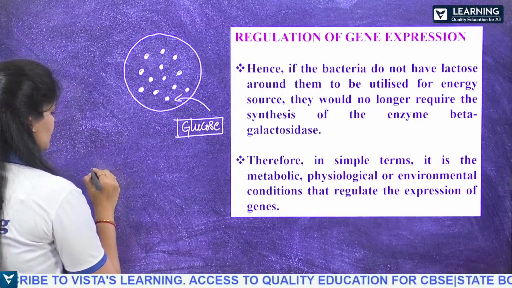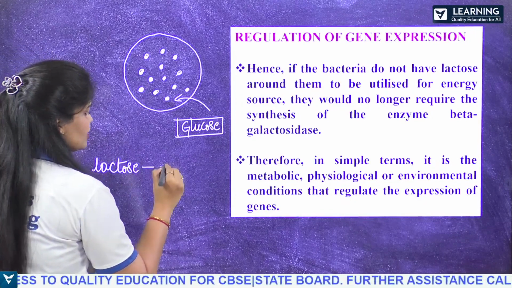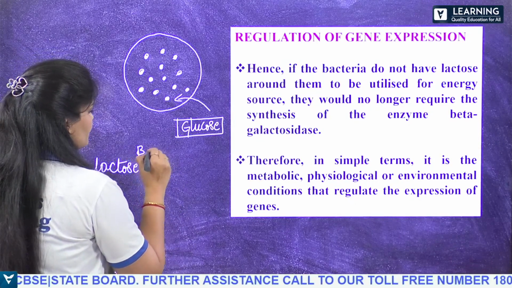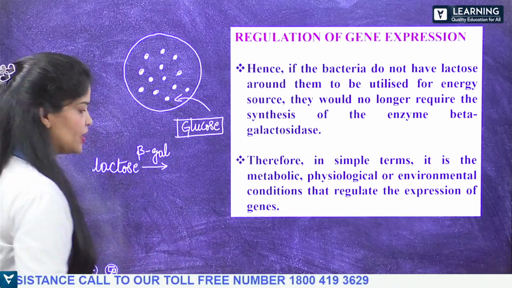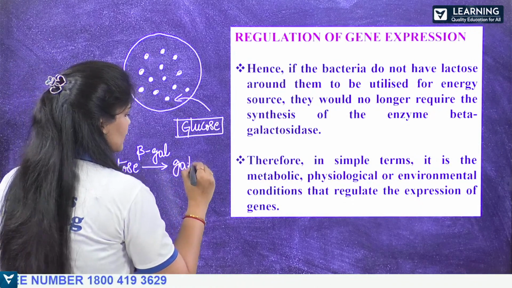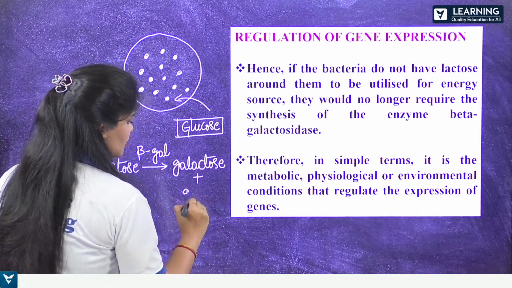Just now we said that lactose is a disaccharide which will undergo hydrolysis in the presence of beta galactosidase to produce two monomeric units, that is monosaccharides, and those are galactose plus glucose.